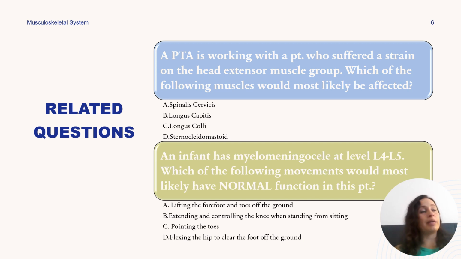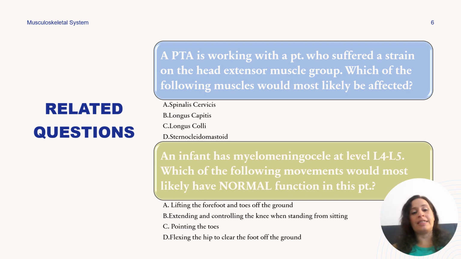And while maybe the spinal muscles are not going to be asked about as much as a shoulder, a knee, or a hip, you still have to know those, right? We still taught you those. If you remember, longus capitis and longus colli are anterior muscles. They're here. And sternocleidomastoid is pretty much here too.